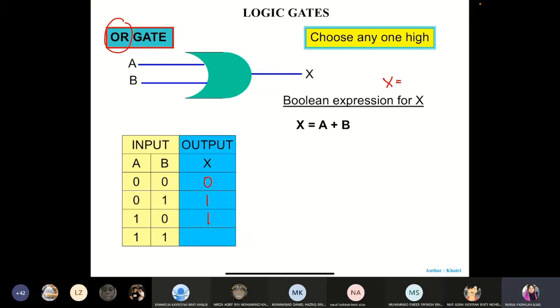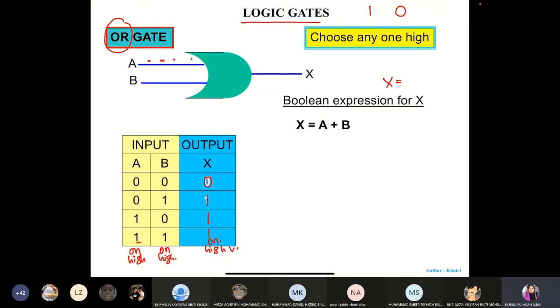Sepatutnya dalam mathematics biasa kita belajar 1 plus 1 should be 2, but this is a logic gate. We don't have other digits than 0 or 1. So we cannot have 2. Here we will have 1. Okay, sebab 1 kat sini bukan nilai unit macam matematik tu. 1 kat sini adalah on ataupun high voltage. So kita dapat high voltage also, ataupun on.